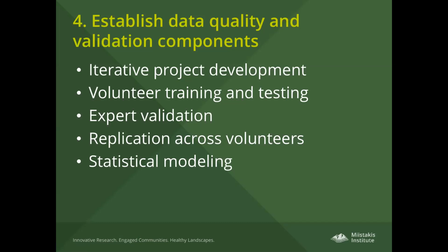There are a lot of things you can do to ensure that, to boost data accuracy and account for bias. That includes iterative project development, volunteer training and testing, expert validation. We built that into a lot of our tools.